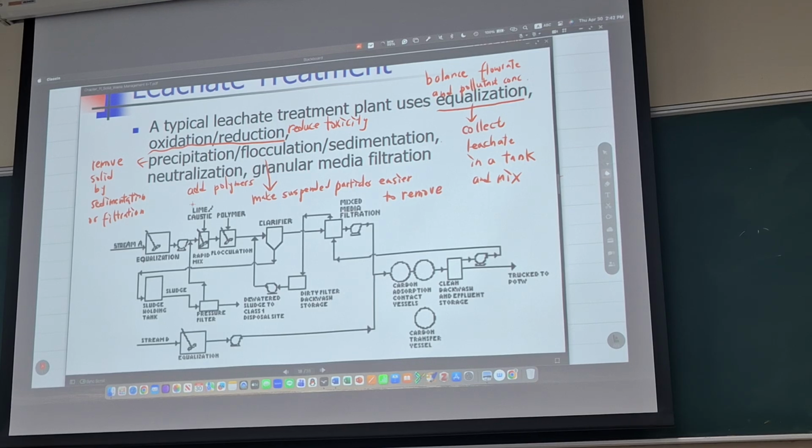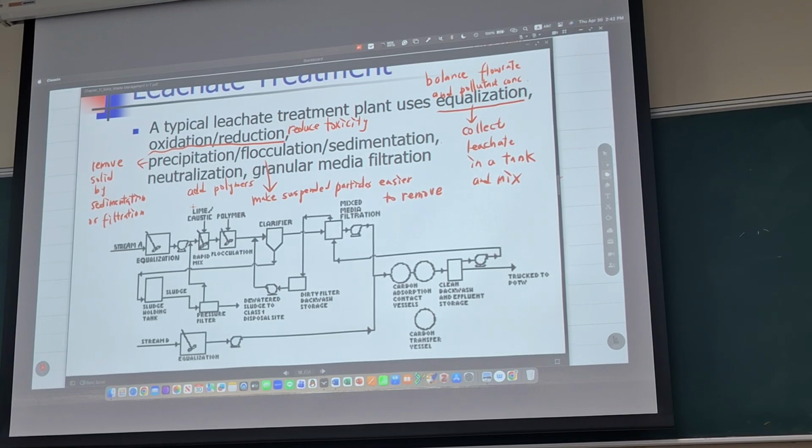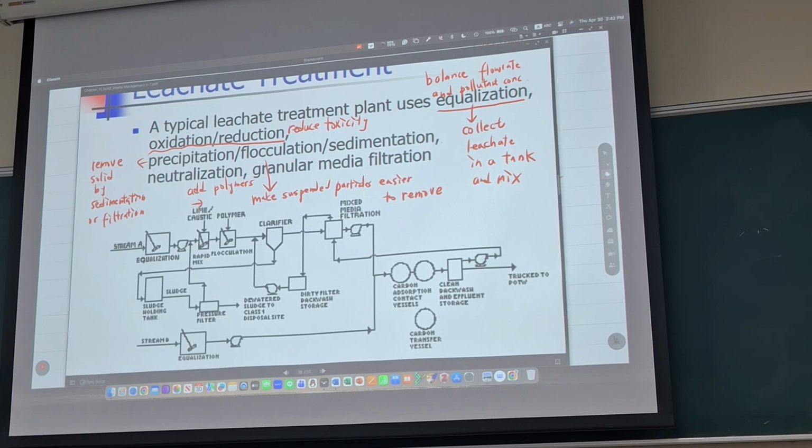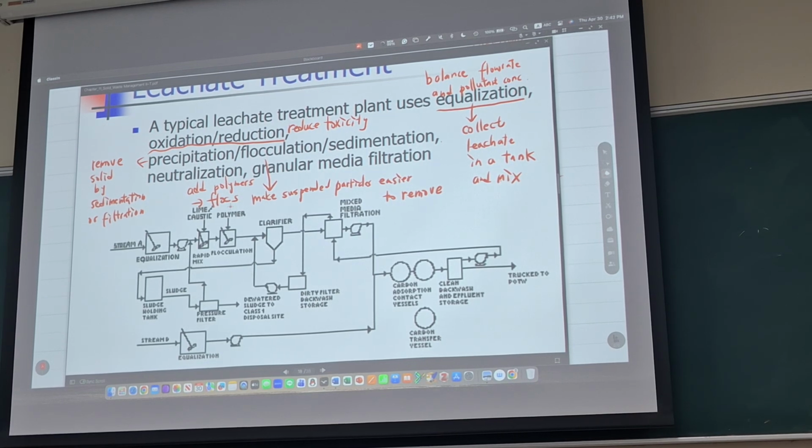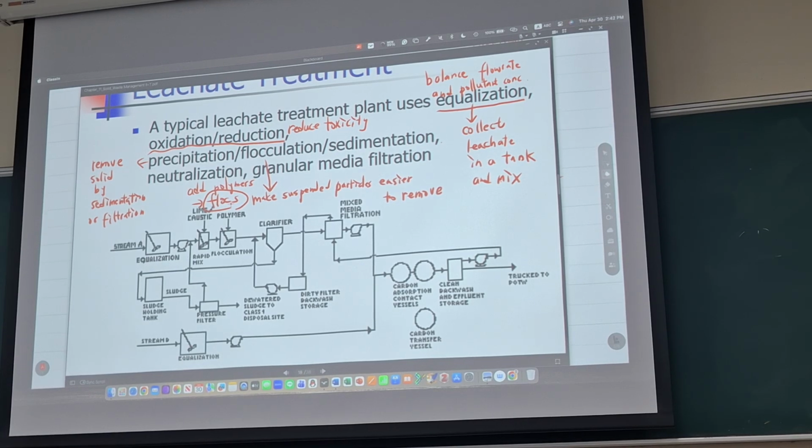Those polymer will combine with the small particle in the wastewater, become something called flocs. Then it's easy to remove those flocs, right?